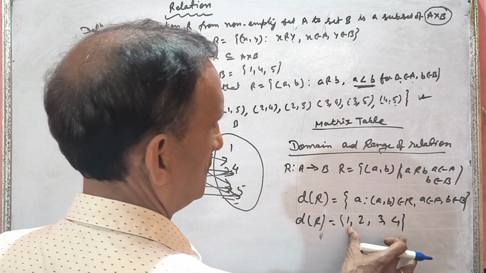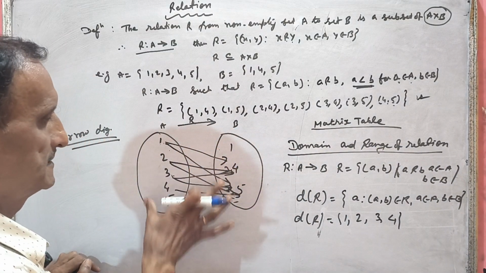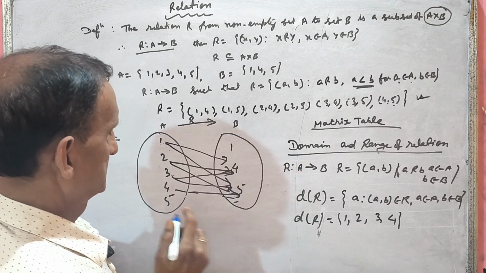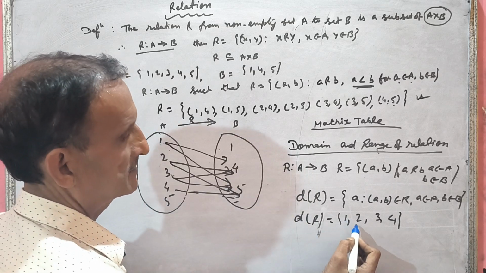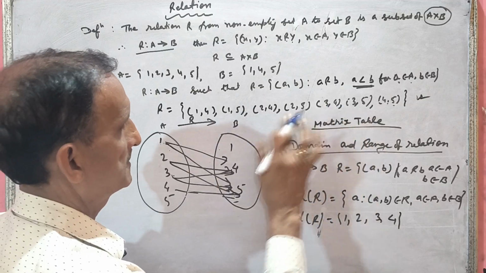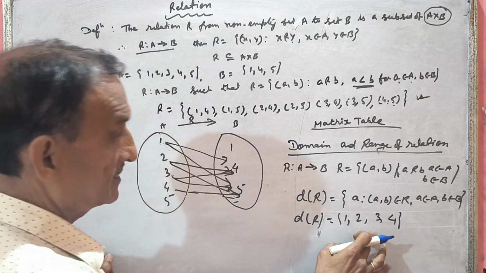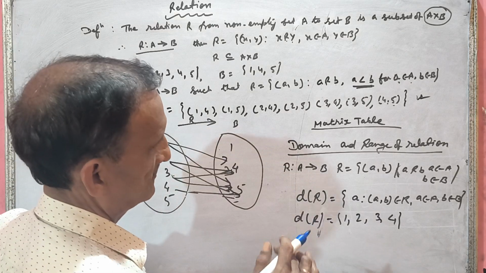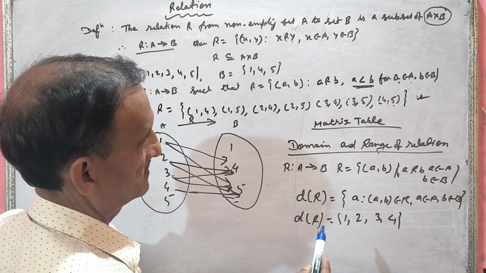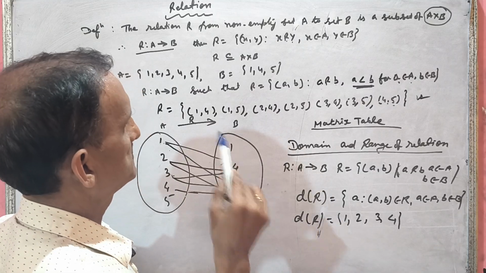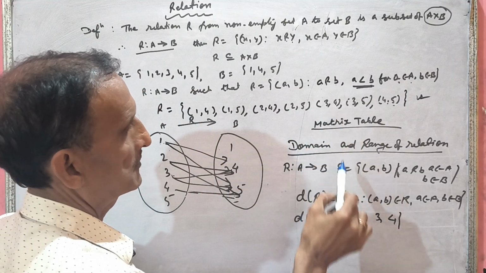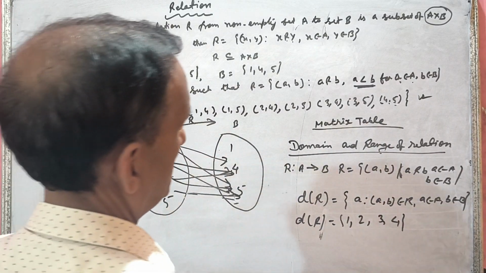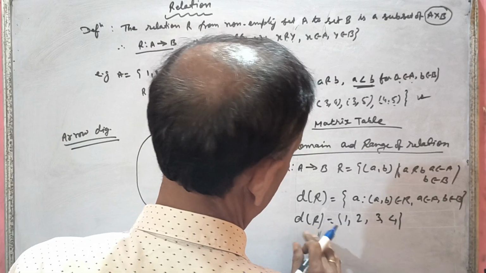The set of all those elements which take part in the relation is called the domain of the relation R. See, 5 is not taking part. 5 is not the first component of any ordered pair, so 5 will not be here. Understood what is domain? The set of the first components of all the ordered pairs of relation R is called the domain of R. It is denoted by D(R).